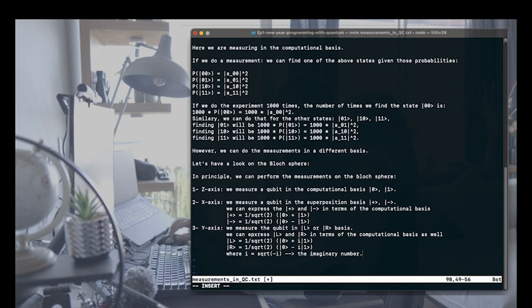So we'll have ket 0 minus i ket 1, where i is the imaginary number, which is the square root of minus 1. Using these simple transformations, we can perform the computation in any type of basis on the Bloch sphere, basically.